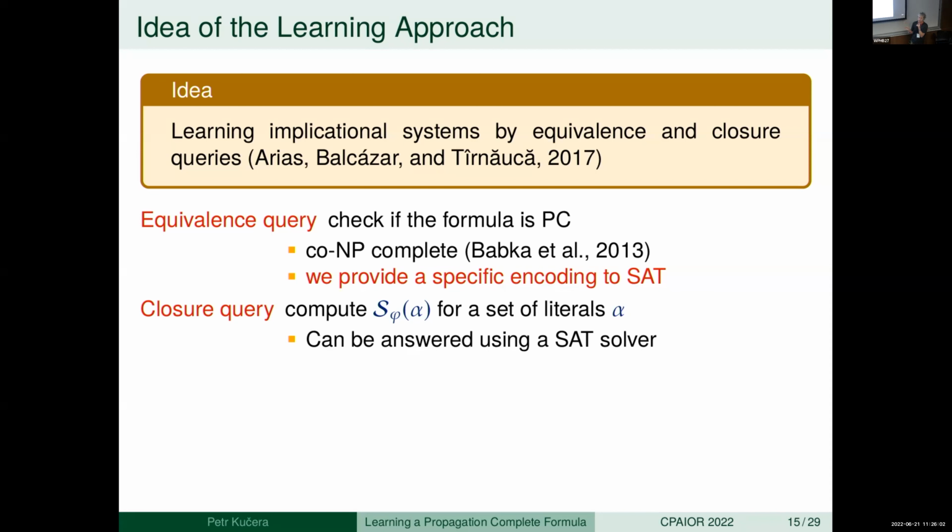So we can use a SAT solver again. It turns out that the equivalence queries are much harder than the closure queries in this case, because the encoding we provide is polynomial size, but one is quadratic and one is like n times log n. So it's certainly bigger than the original formula.